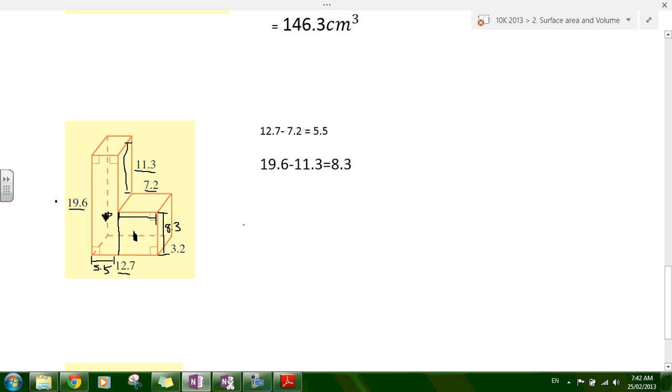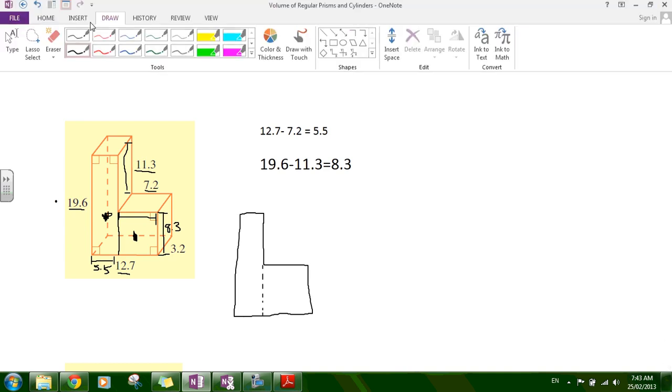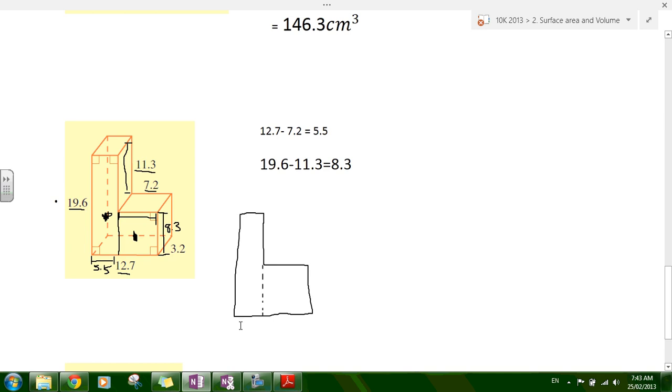So what I'm actually going to do is redraw this shape with the dimensions. Excuse the fact that it's very rough, but we'll get the idea. Okay, so that's our rectangle, and then if I put a dotted line in here, that's 5.5. I can type in the dimensions.